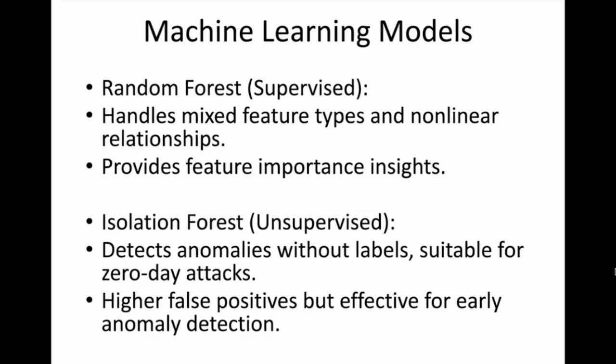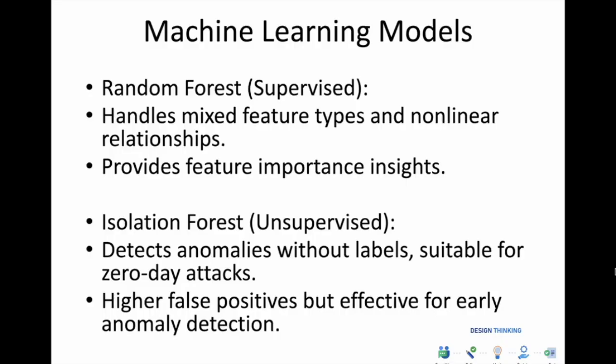Next, we move to the machine learning models. I compared two models, random forest and isolation forest. Random forest is supervised. It learns from labeled attack data and gives good accuracy. Isolation forest is unsupervised.